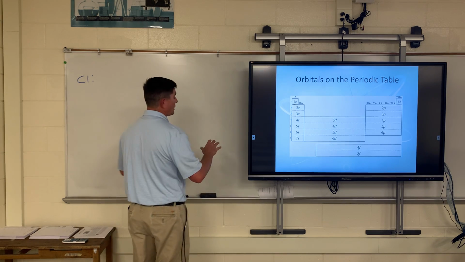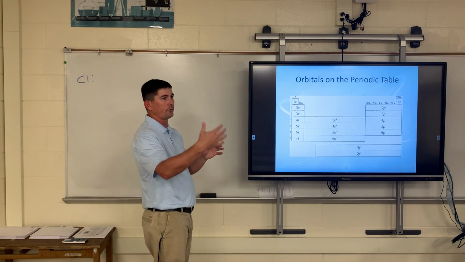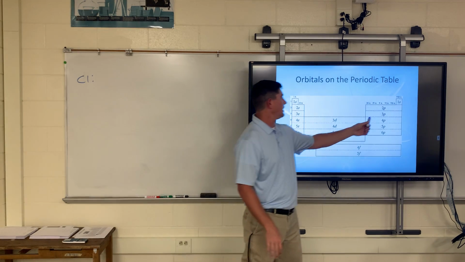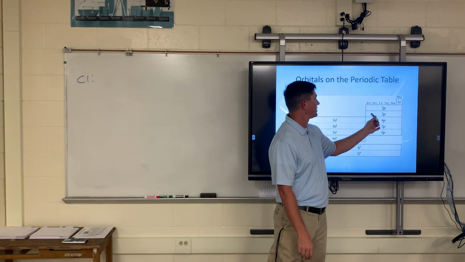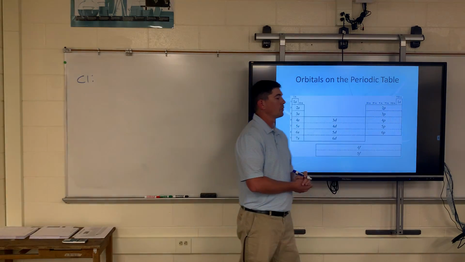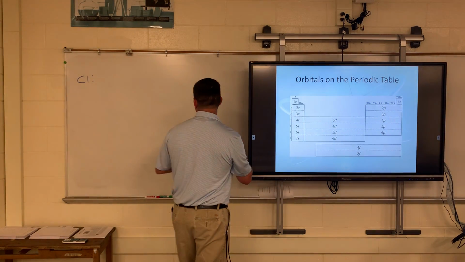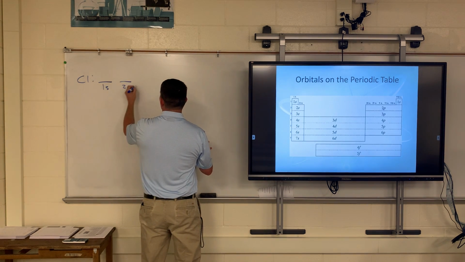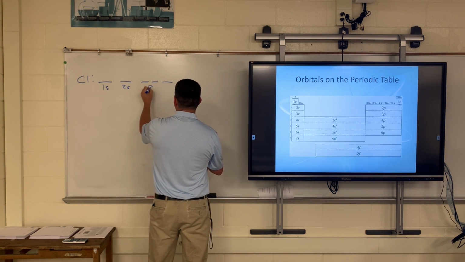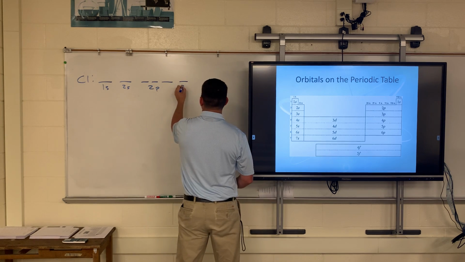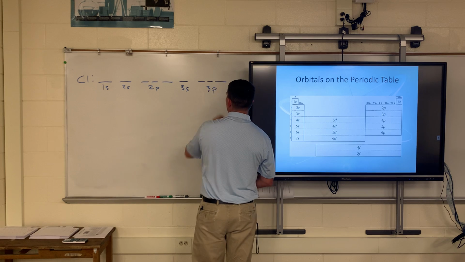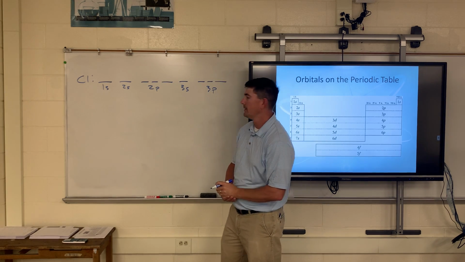First, I'll go ahead and do all three of them with chlorine. So chlorine is in our 3p. It's once again group 17, so it's going to be a 3p5. So we're going to fill all the way up to there. So if I do orbital notation, you've got 1s, 2s, 2p, 3s, and then I'll squeeze 3p in there, right?